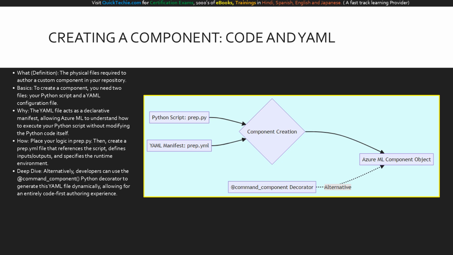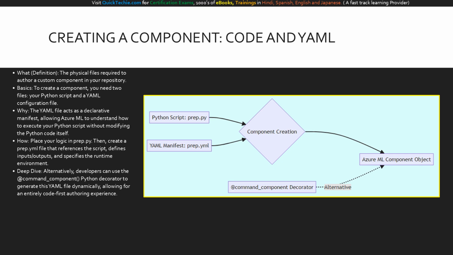It defines the metadata, the inputs and outputs, and the exact terminal command required to execute your Python script. It also references the specific environment your code needs to run. If you prefer a pure Python approach, Azure Machine Learning also allows you to use a special @command component decorator function over your Python method to dynamically generate this YAML file behind the scenes.